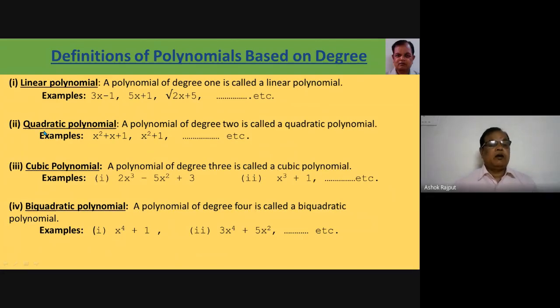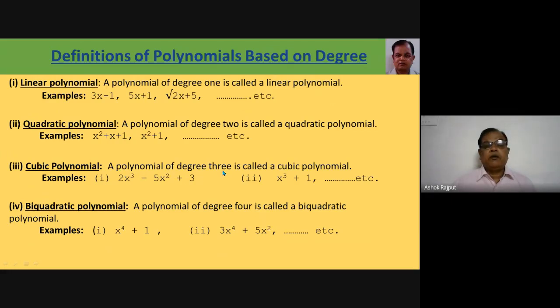Then we define the quadratic polynomial. A polynomial of degree 2 is called a quadratic polynomial. In the examples, as we are seeing, x square plus x plus 1, x square plus 1, et cetera. We have written here two examples, so you can see so many quadratic polynomials in your exercises. Cubic polynomial.